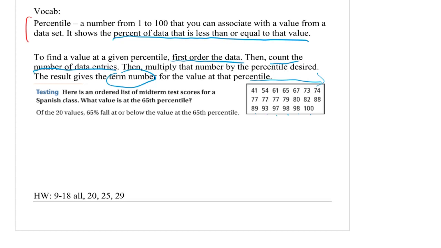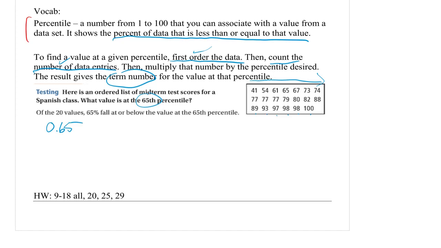So first, order the data, we did. Then count the number of data entries, we did. There's 20 pieces of data. Now, multiply the number by the percentile desired. We're looking for the 65th percentile. So 65th percentile is like 65%, and 65% as a decimal is 0.65.